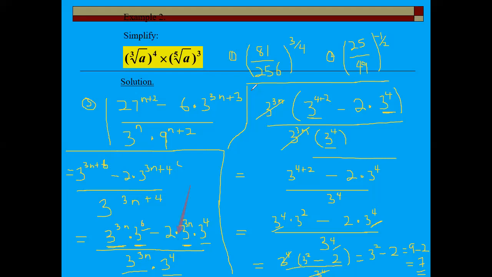Your voice is a bit low. I got your point, but you have to speak a bit louder. What I was saying is, can we also cancel that numerator, which is 3 raised to the power 4, with the 3 raised to the power 4 in the denominator?